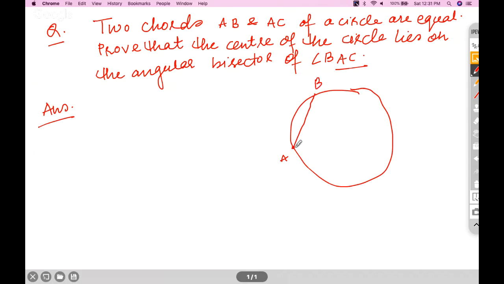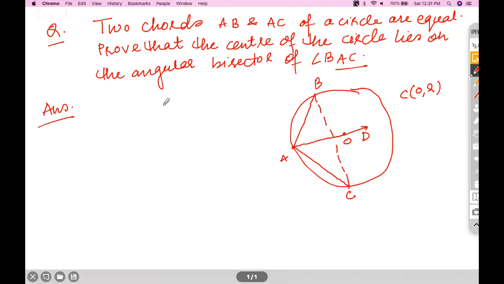This is B and this is C, AB and AC. And the circle has center O. I am drawing a line from A through O. Suppose this point is D and this is O. And this is my chord BC.